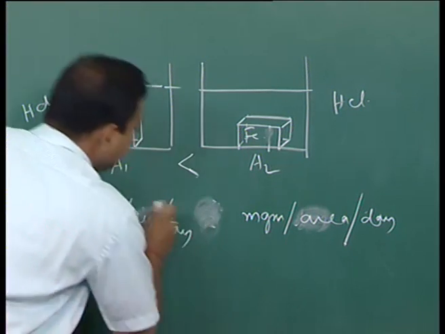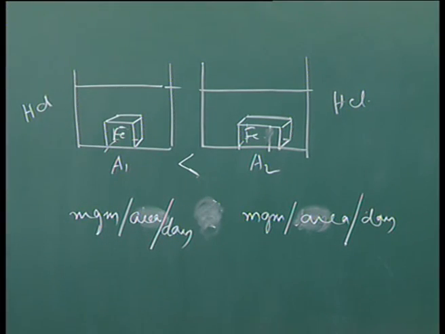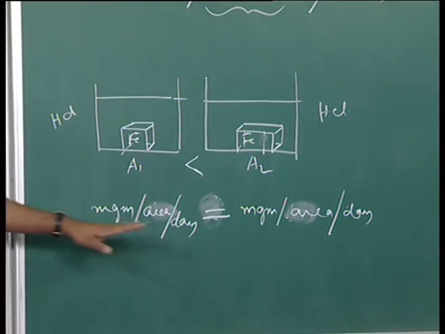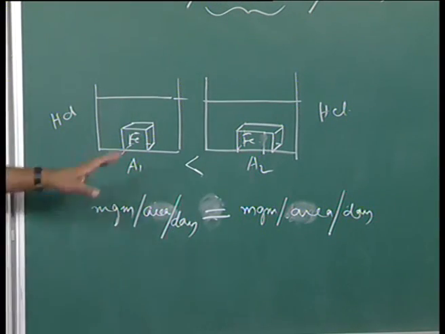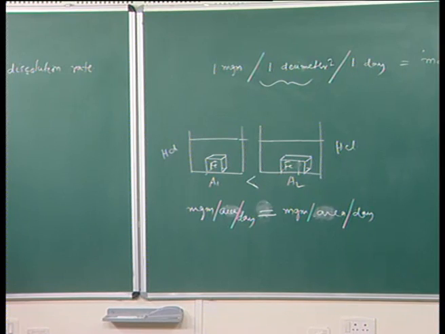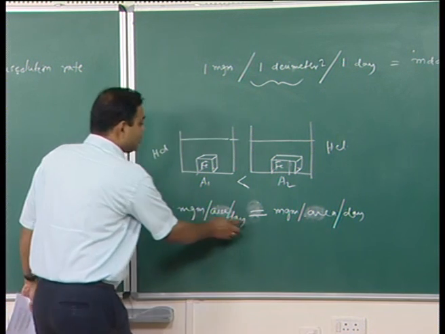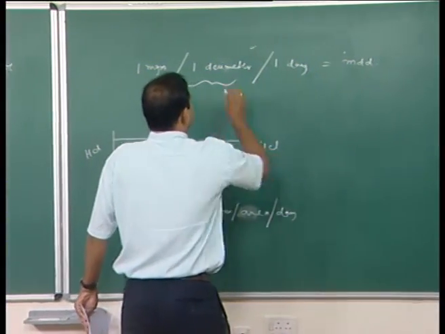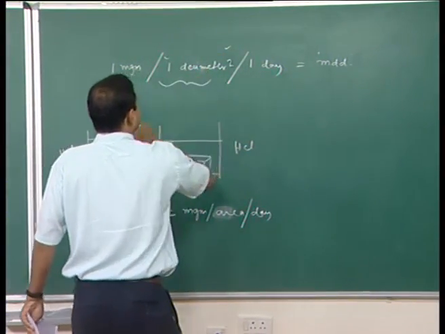Then this inequality will not be there; the corrosion rates become equal since the material is same. That means you have to have this area factor associated with the corrosion rate expression. And now, once you know this, it is very clear why we are introducing the area.